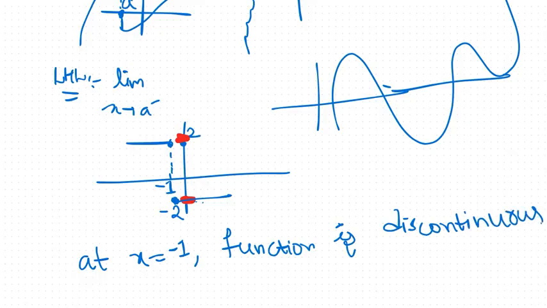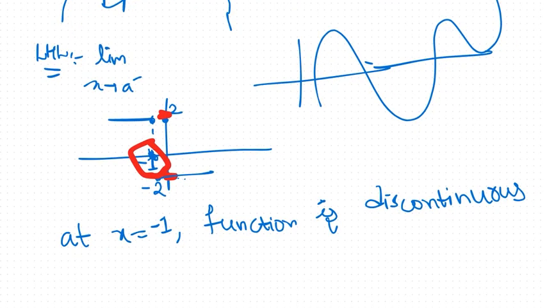Any doubt? Discontinuous means you are lifting the pen. First we have drawn like this. Now we have to lift the pen, position it here, and then draw like this. So at x equal to -1, the function is discontinuous.